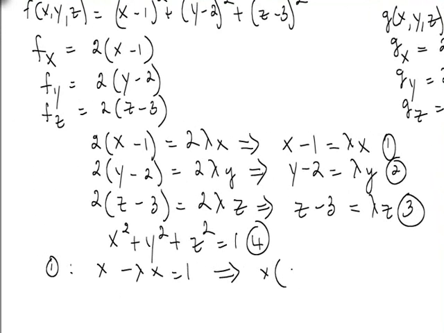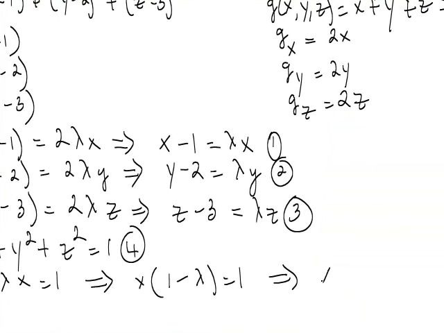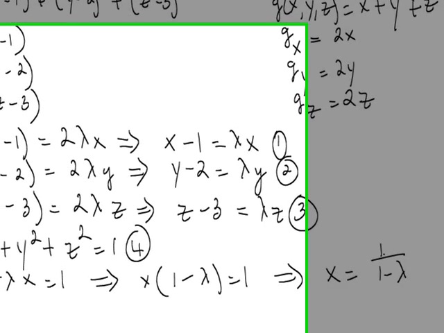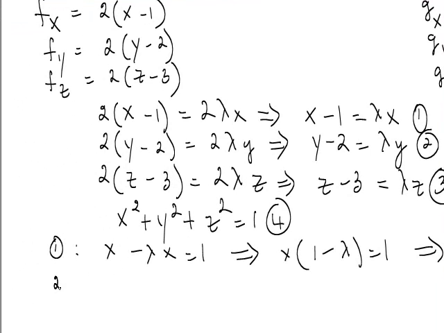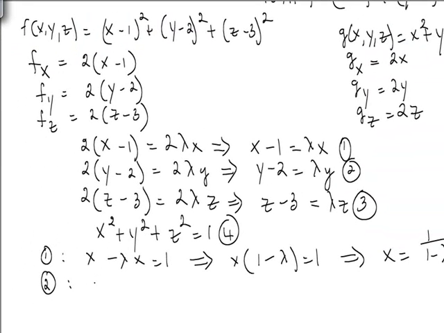Factor out the x, 1 minus lambda times x equals 1. So this tells me that x is 1 over 1 minus lambda.